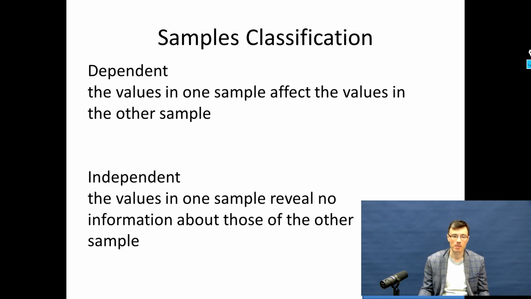Like if you are in a medicine survey and you give some drugs to your group of people before and after, then you can use dependent. And if there are two groups where there is no effect, then use independent values test.